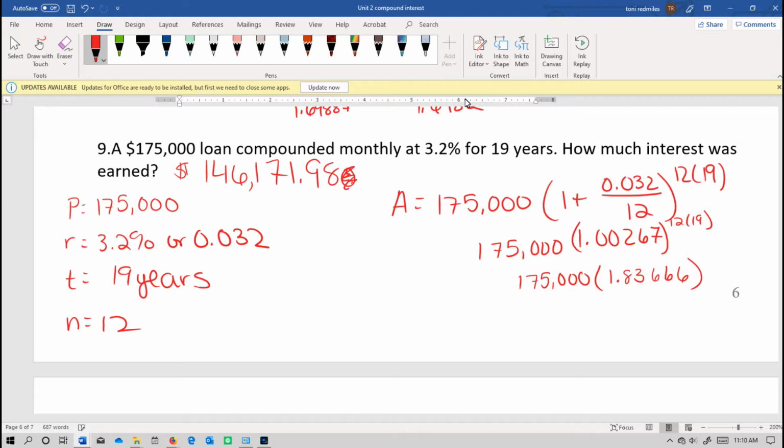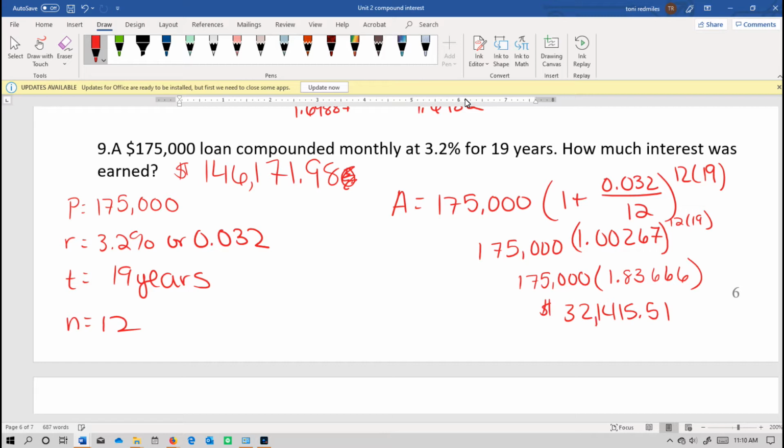Now the last step is to take that and multiply it by the 175,000. All right, and this is what I get.